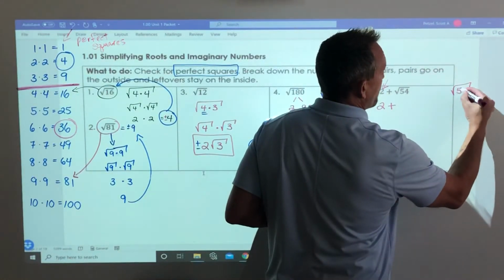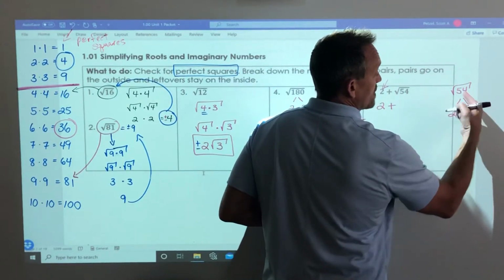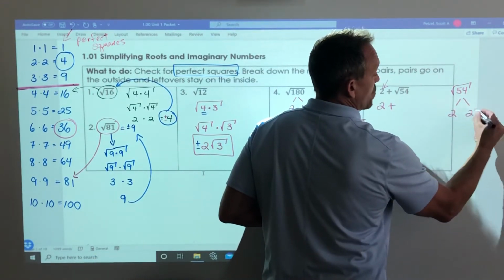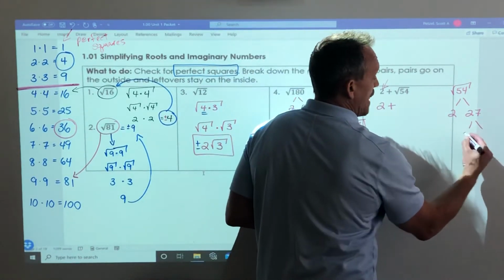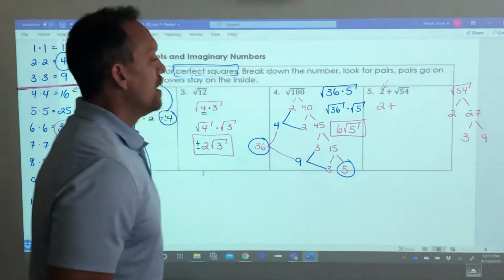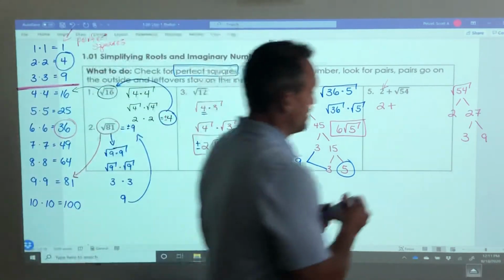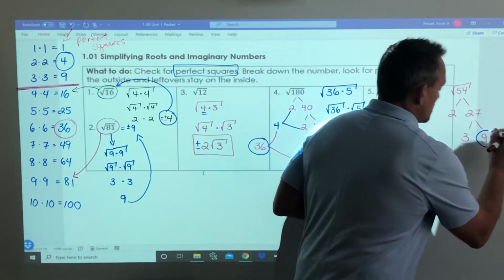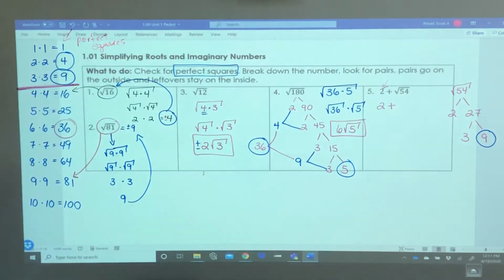So the square root of 54 can be broken down. 54, since it's even, divided by 2 is 27. 27 is not even, so we divide it by 3, gives me 9. All right? Once I see that I have a perfect squared number, you can stop.